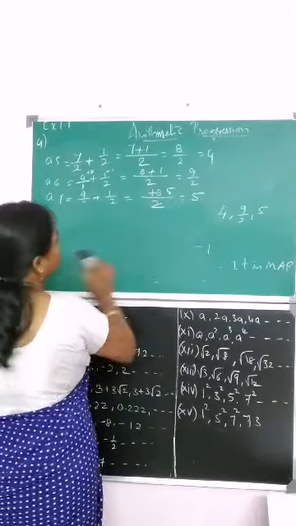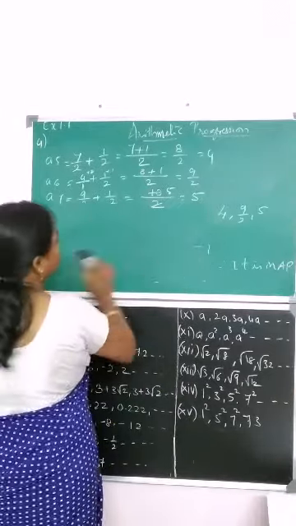Okay, let us continue. I have finished the first and second one. Let me go to the third one. What is the third one? Minus 1.2, minus 3.2, minus 5.2 and minus 7.2.